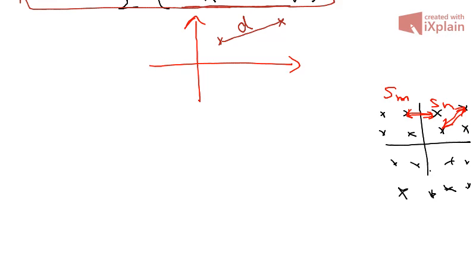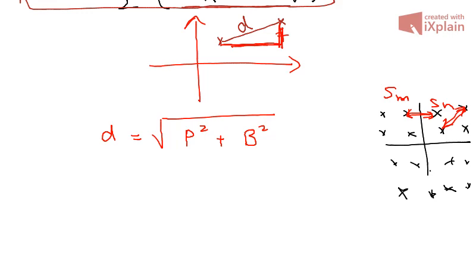You can find this distance from Pythagoras theorem, but for that you need this length and this length, right? You need these 2 lengths. If you know these 2 lengths, you can say my distance is equal to the square root of the square of this length plus the square of this length. So the square of the perpendicular plus the square of the base.